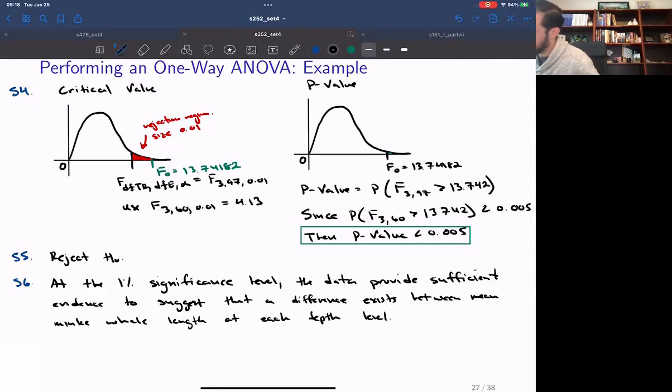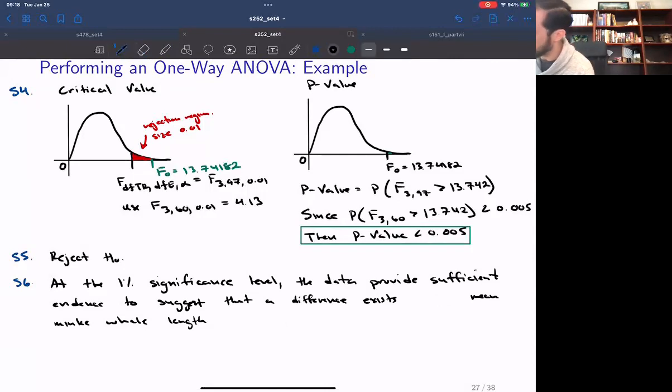That a difference exists between mean minke whale length, sorry, I'm going to say in.